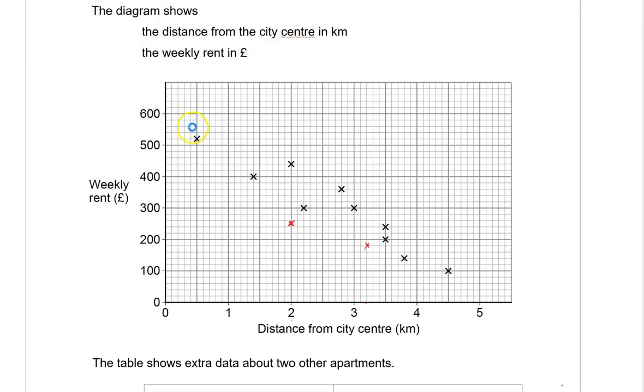So trying to draw a line that goes through the points in the middle, roughly, and that looks like it.